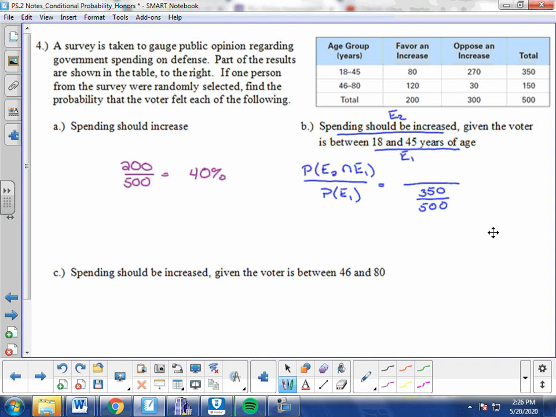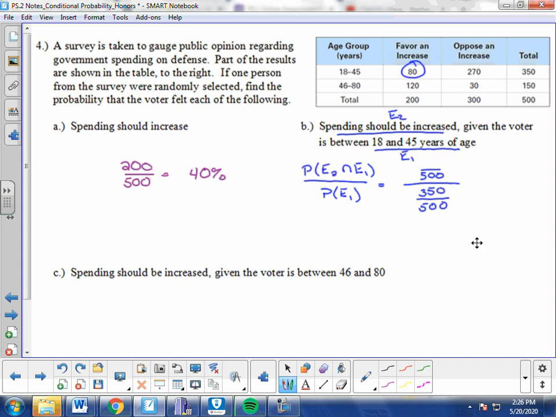So the denominator of this probability is going to be 350 over 500. The numerator is the probability that both event 2 and event 1 occur. So again, we're still taking out of 500 total people. What is the probability that the survey responders say that spending should be increased, and they are also between 18 and 45 years of age?